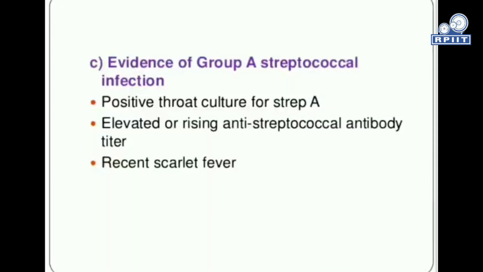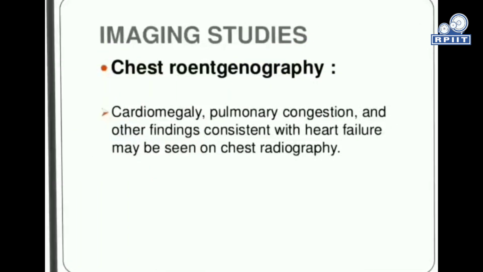Evidence of group A streptococcal infection like positive throat culture for strep A. Next, elevated or rising anti-streptococcal antibody titer. Next, recent scarlet fever. Next, imaging studies are chest roentgenography, in which cardiomegaly, pulmonary congestion, and other findings are seen.